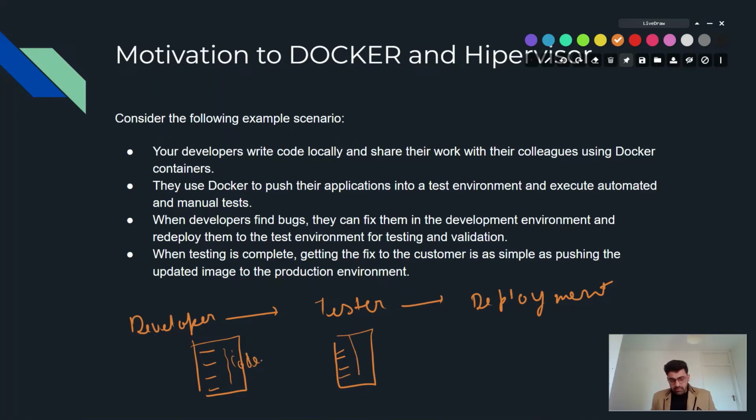And once everything is installed, the tester runs the code, and the next step of the process is to move it to the deployment cycle. And there again we have to install all the dependencies to make the code run and push it to production. So that is how the cycle would be if nothing is provided, either hypervisor or Docker.